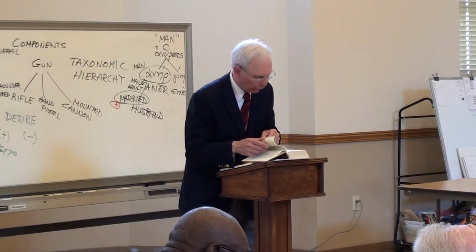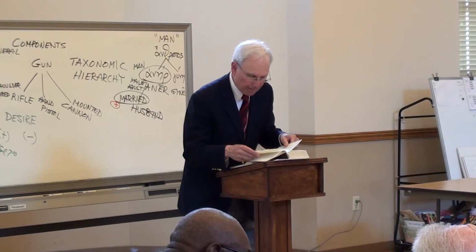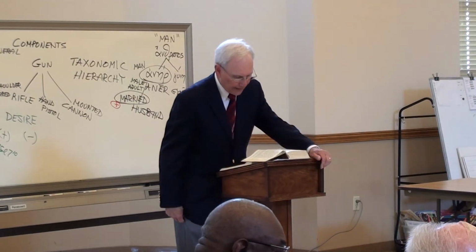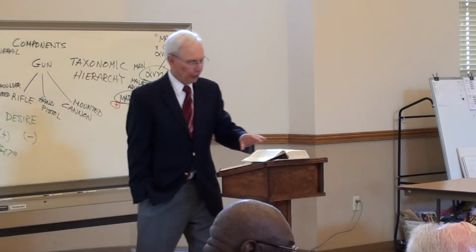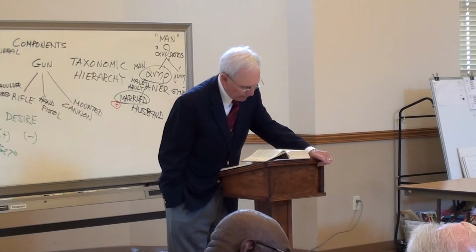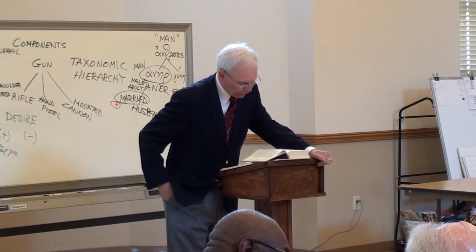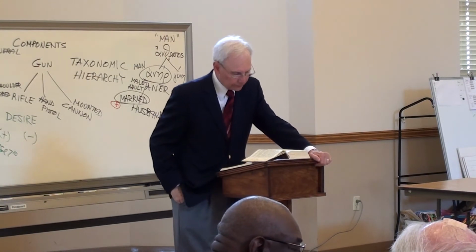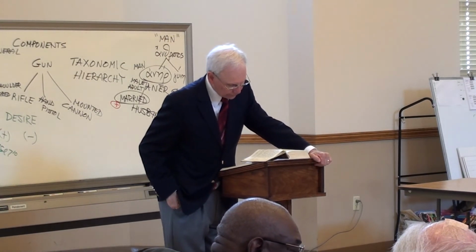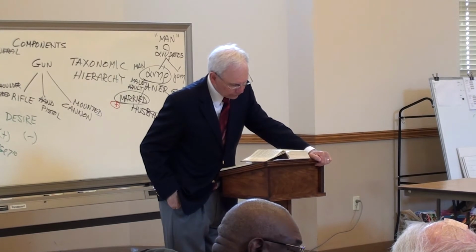To chapter 4, verse 7. And this is Cain after the slaying of Abel. So verse 7, Jim. "If you do well, will you not be accepted? And if you do not do well, sin is crouching at the door.